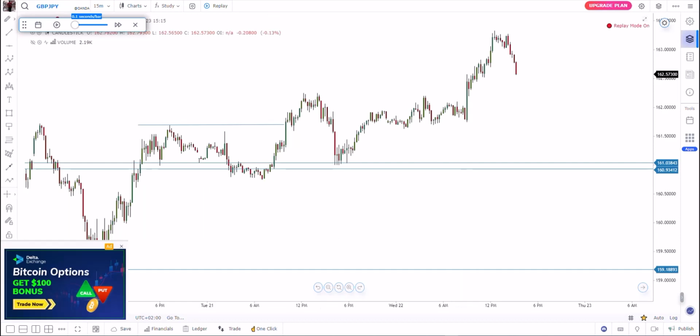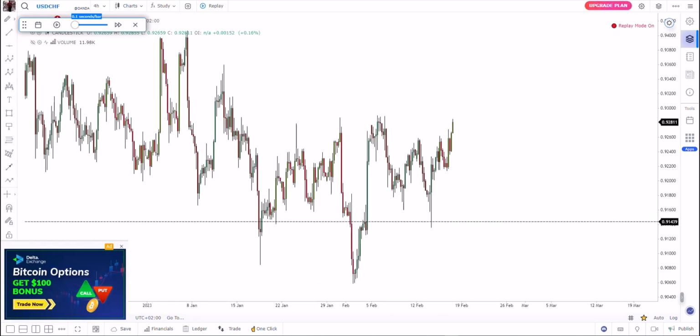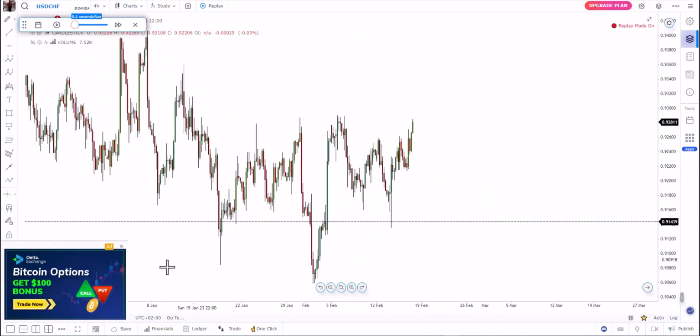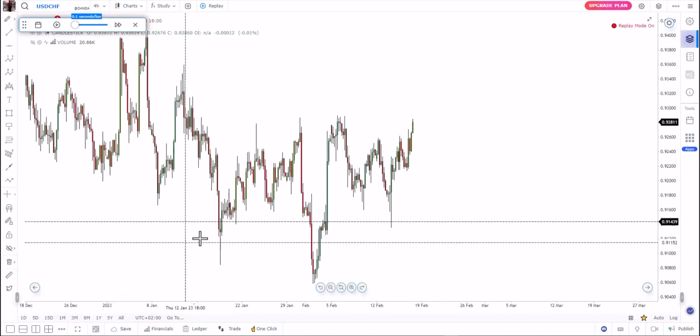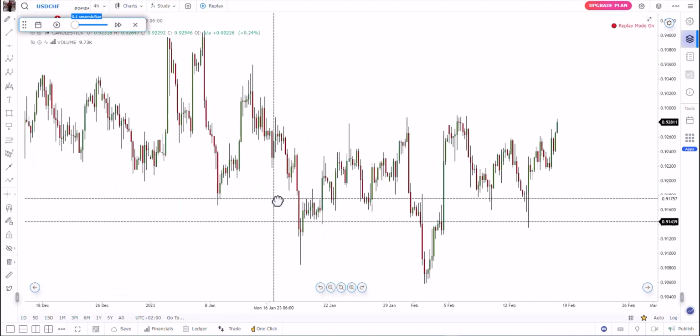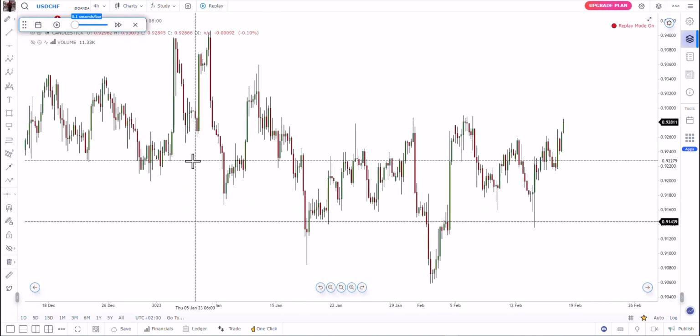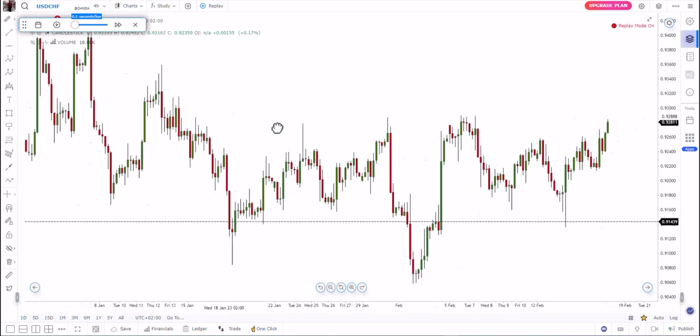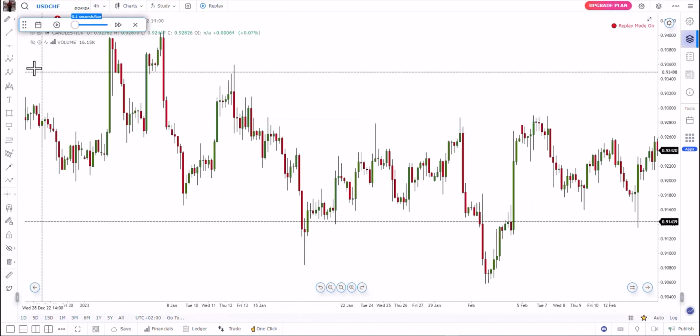So going to USD CHF, as you can see, this was one of the hardest pairs to trade, because I was boxed inside a lot of thoughts here.